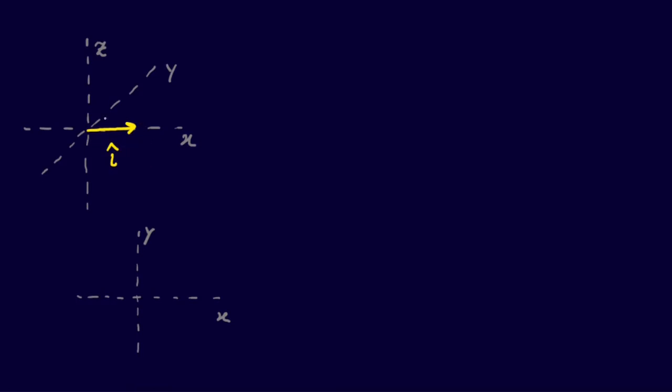So i hat is the unit vector in the x direction. And now we're going to rotate this in the xy plane, or around the z-axis, by an angle of theta. That's our first step. And to make this a little bit clearer, I will take a top-down perspective and look at this rotation in the xy plane.